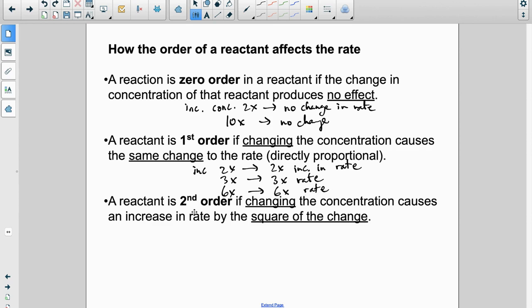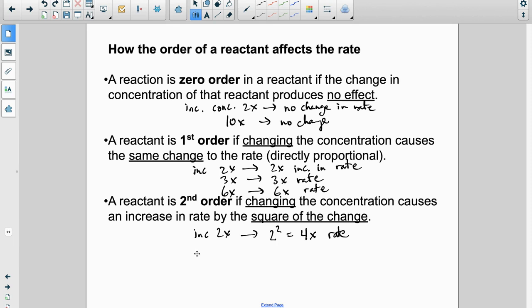If a reactant is second order and you change the concentration, let's say you double it, 2 times, now the rate will increase by the square of this change in concentration. The rate will go up 4 times, which is 2 squared. So this change in concentration gets squared.